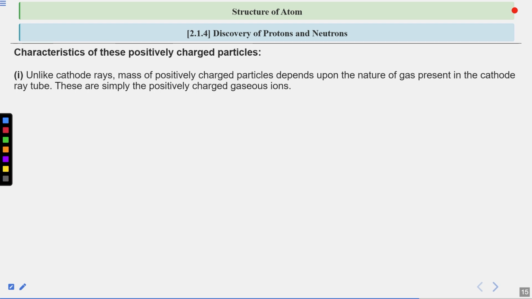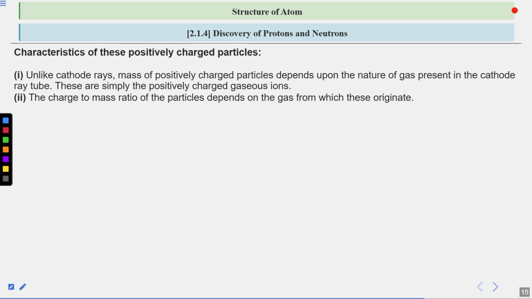So again, perforated means something which has holes. Now, what is the meaning of this? If the flow is opposite, the charge is also opposite, because it is moving from a positive charge towards a negative charge, or it is getting attracted towards the negative charge, meaning it has a positive charge on it.